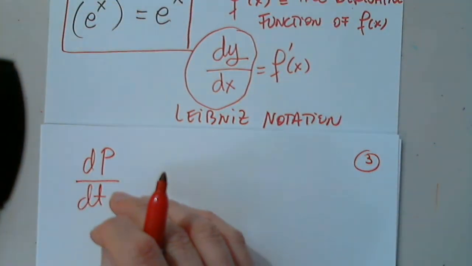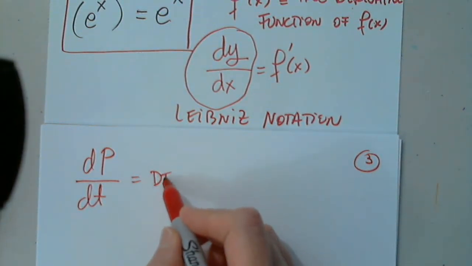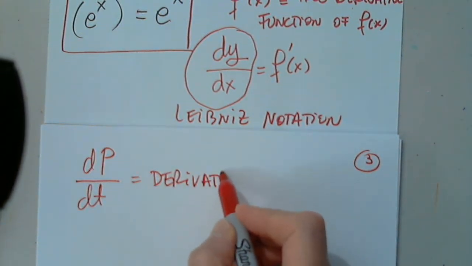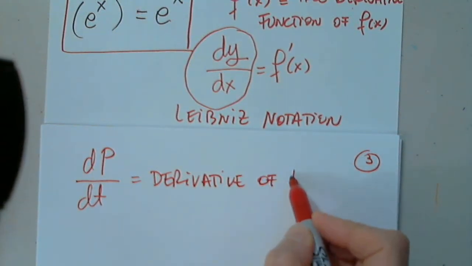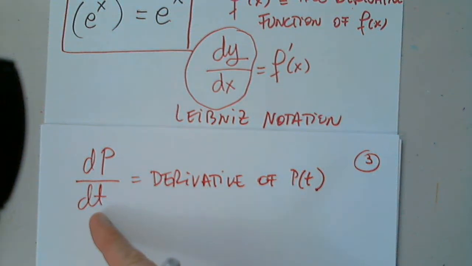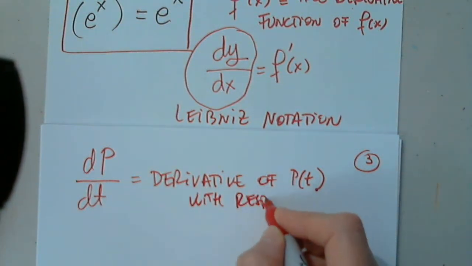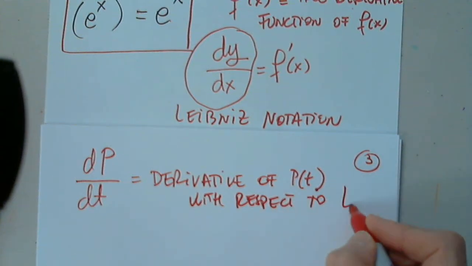You will have to say, first of all, this is a derivative of p of t with respect to t.